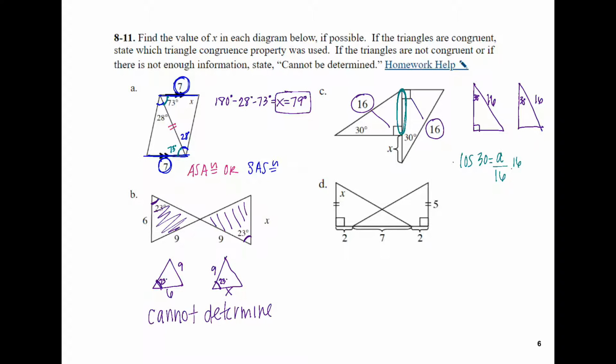Use inverse operations. That tells us that our adjacent side, or the base of that triangle, is approximately 13.86.